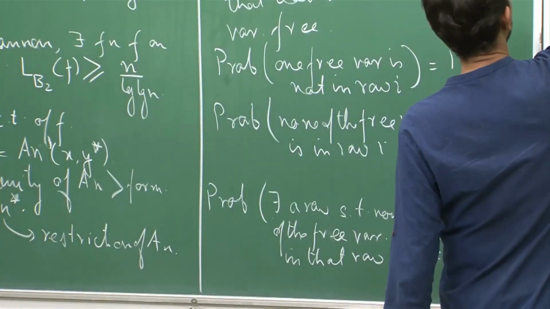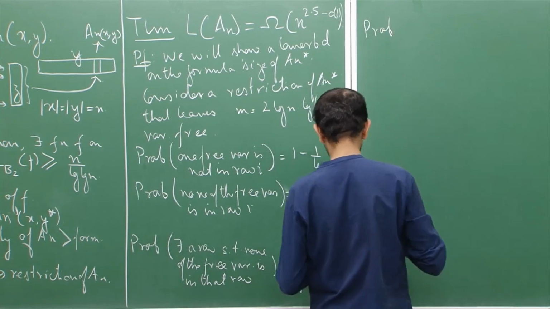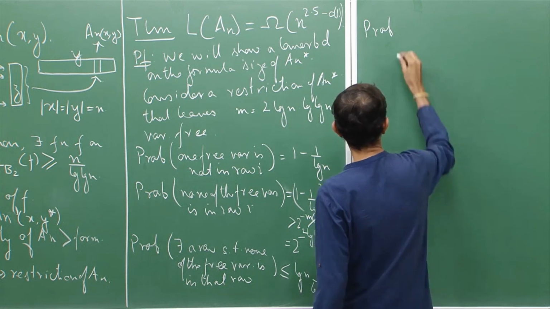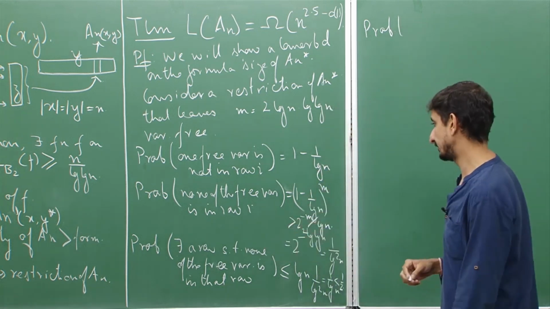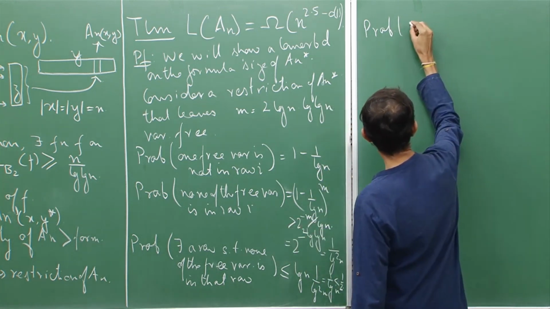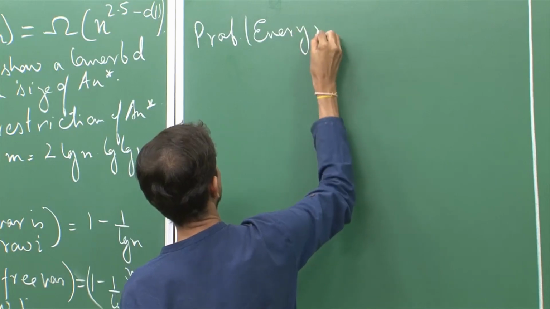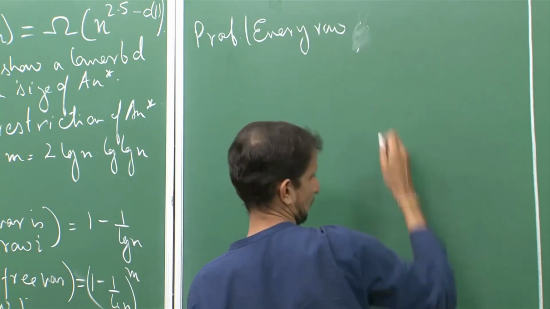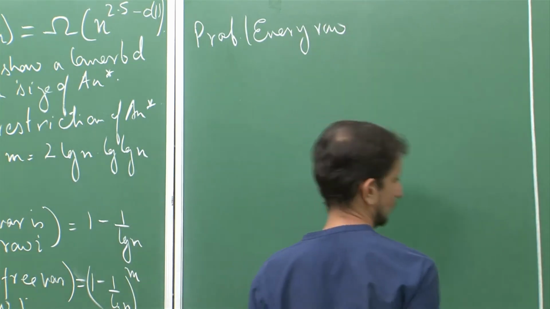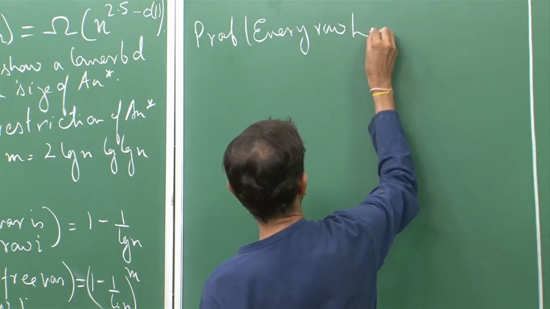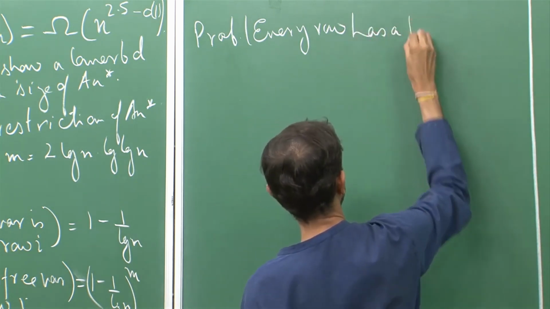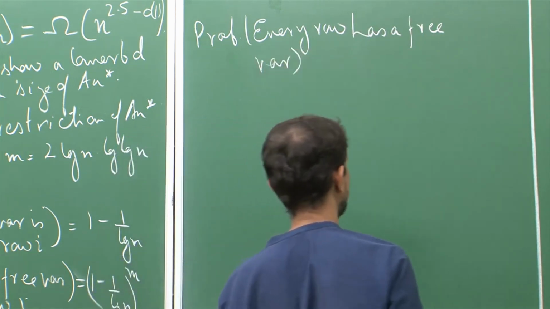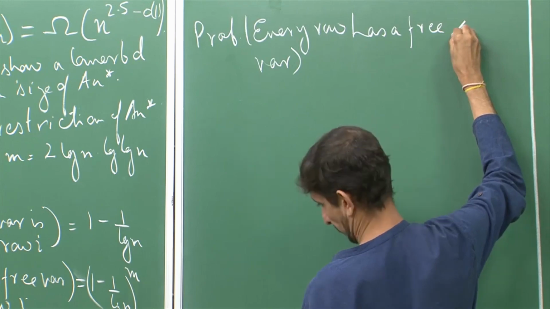So, now what do we want? The probability that the negation of this, as you correctly said, that every row has a free variable, is the negation of this.